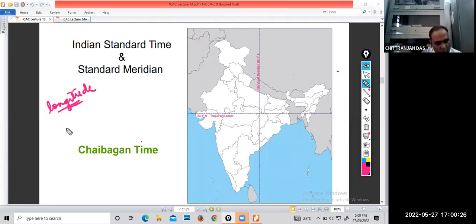The total longitudinal extent of India is 97.25 minus 68.7. Can somebody tell me what the total is? 97.25 minus 68.7. Do the math and tell me.